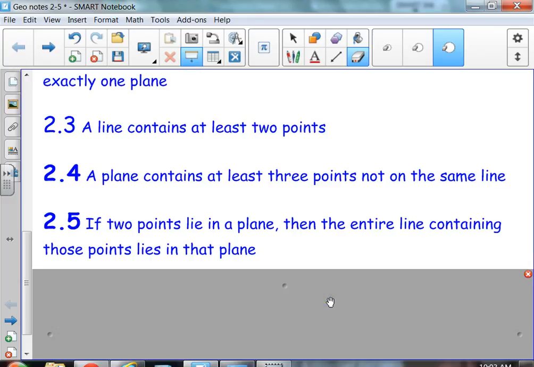Postulate 2.5. If 2 points lie in a plane, then the entire line containing those 2 points lies in that plane.